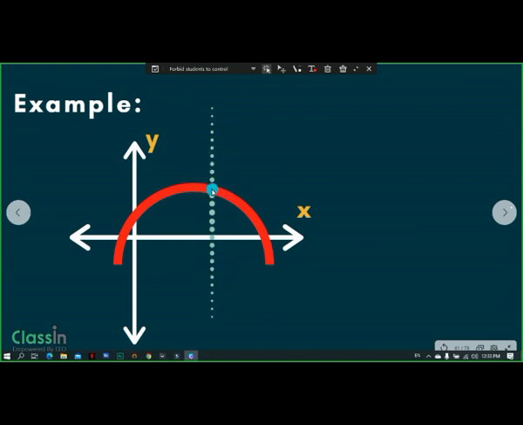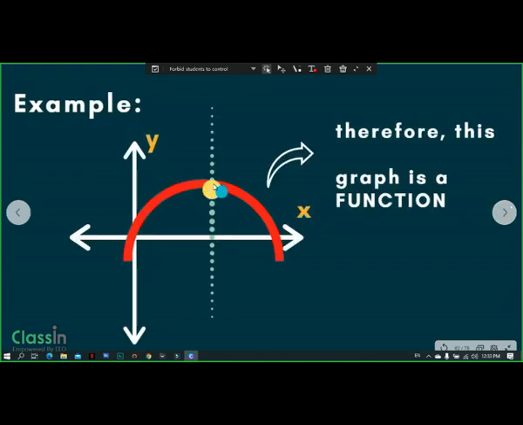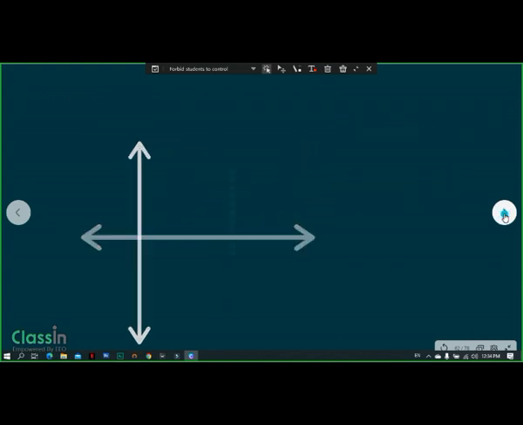Ilang beses ba siya nag-cross? Isa lang. Therefore, this graph is a function. Kasi nung nag-try tayo mag-draw ng vertical line, isang beses lang siya tumawid doon sa graph mo. Again, ang palatandaan dito, magdodraw ka ng vertical line sa graph, pag isang beses lang nag-cross doon sa graph, this is a function.